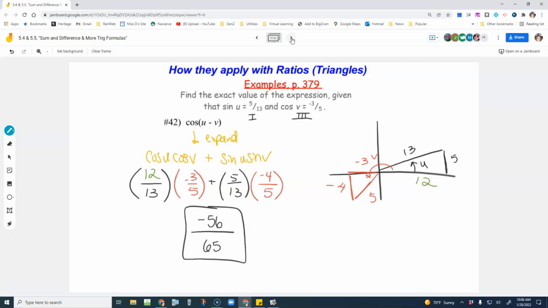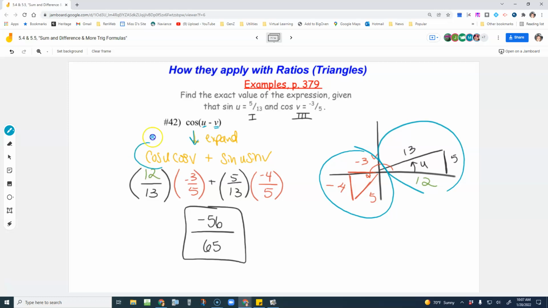What else did we do last time? We said, hey, we don't even necessarily need to do a sine inverse of 5/3 craziness to get ugly angles. Instead, if they're nice ratios, we can think about the entire triangles, using some Pythagorean theorem to plug in what we didn't know, like the 12 or the 4 for a 3, 4, 5 triangle. If we use the expanded version, we don't have to know the angles.